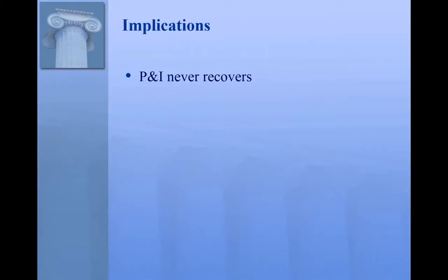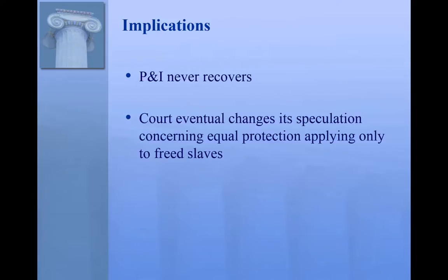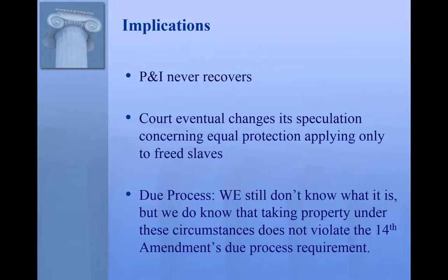All right, so what are the implications of this decision? Well, first of all, privileges and immunities never comes back. We're left almost entirely with equal protection and due process. Secondly, the court eventually changes its speculation that equal protection only applied to freed slaves, and later the court extends it to apply to various classes of persons.